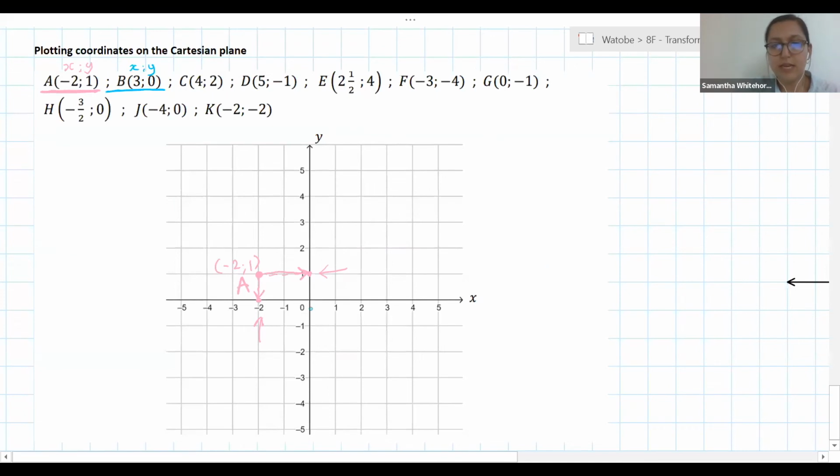So I read first the X, I go along to 3, which is over there, and then I go to Y. Now Y is 0, which means I'm not moving up and I'm not moving down. I'm staying exactly where I am. So this point here is point B at 3, 0. I haven't moved anywhere up or down on my Y axis. I've stayed at 0. So I'm staying on the X axis, but I'm staying on the X axis at 3, where it told me to be.